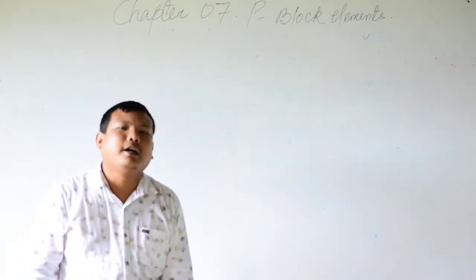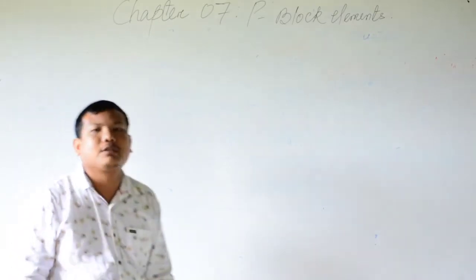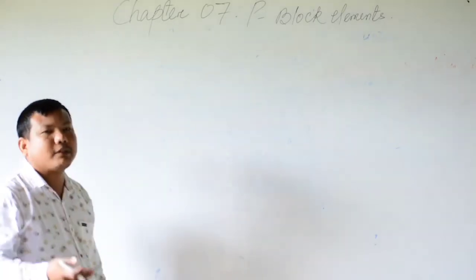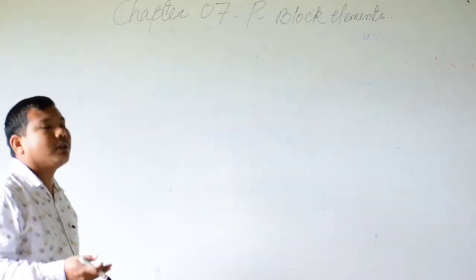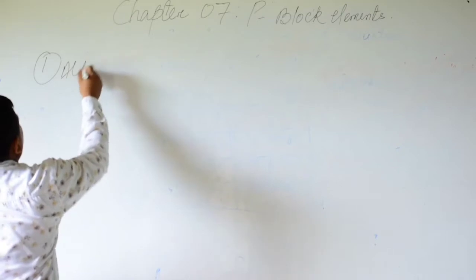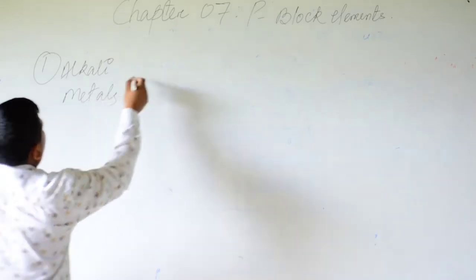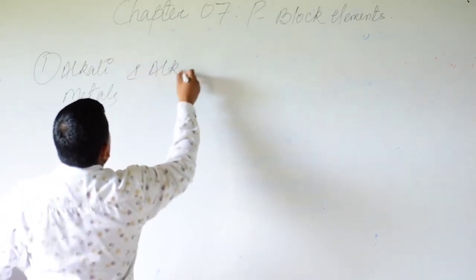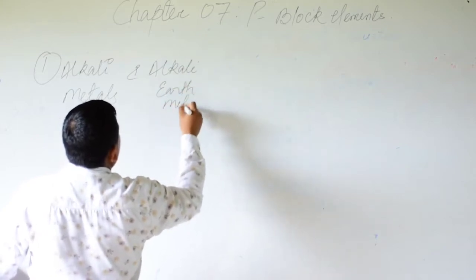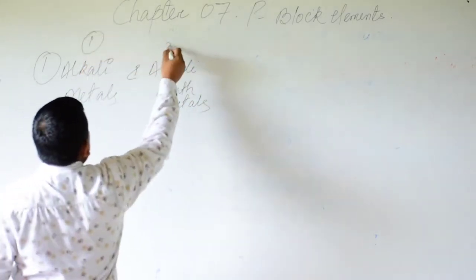So today also I'll be teaching chemistry, chapter number 7, P block elements, the inorganic part. In the previous class, that is in class 7, you learned about group number 1, that is alkali metals, and alkaline earth metals, which you have already learned, group number 1 and group number 2.